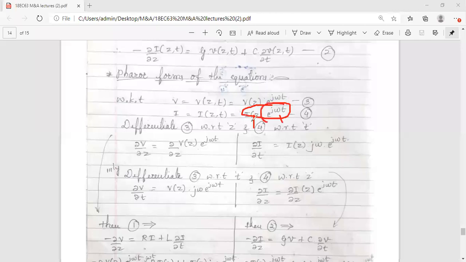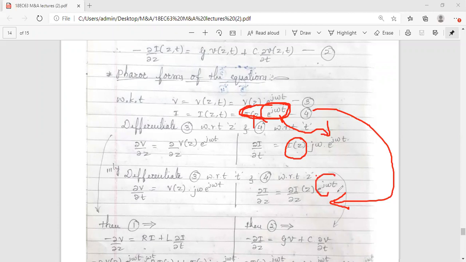With respect to T, I of Z should be kept as it is. Only the exponential has to be differentiated, so j omega into e raised to j omega t. Now, when I differentiate with respect to Z, there are two terms, I of Z and the exponential. The exponential is kept as it is because it is independent of Z, and I differentiate I of Z.